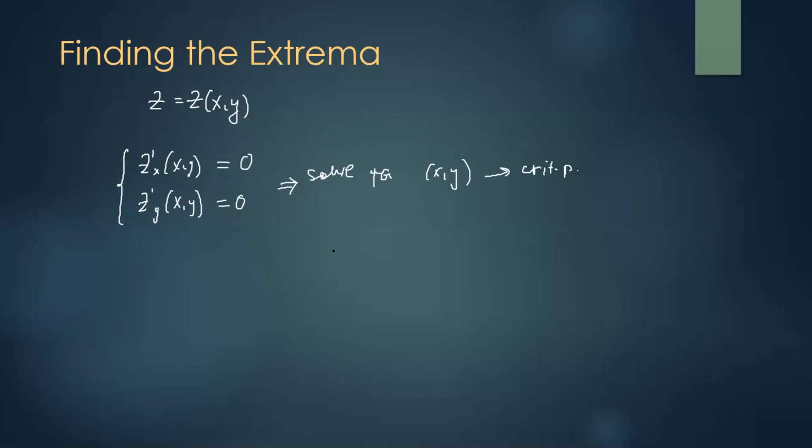Now let's remember what happened in a one variable function. We were using basically the second derivative. Remember, if we had a minimum point, the second derivative was positive, the function was concave up, happy.